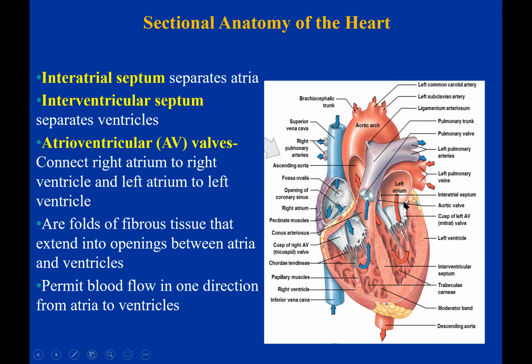The valve between the left atrium and the left ventricle is a bicuspid valve or mitral valve. So the valve's function is to make sure the blood flows only in one direction and that there is no backflow.